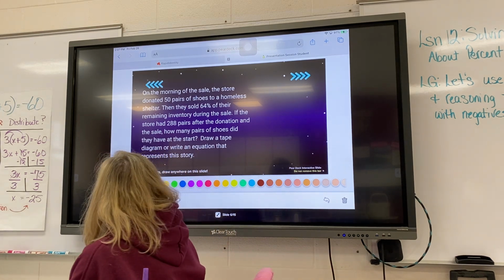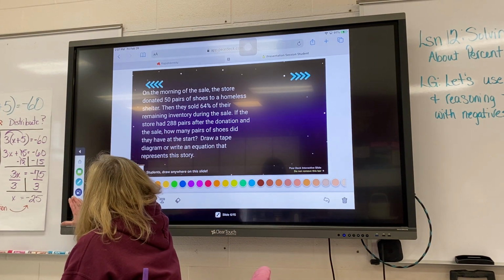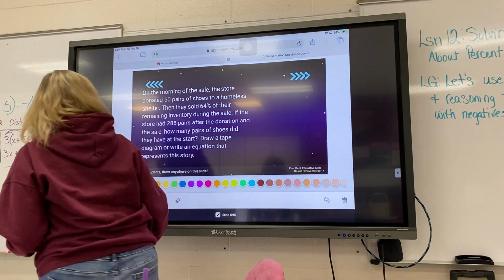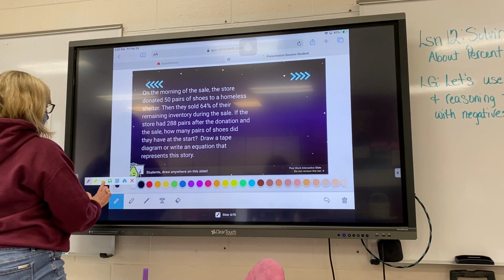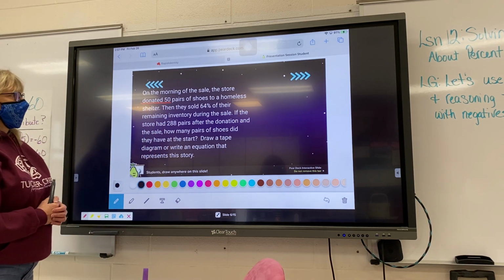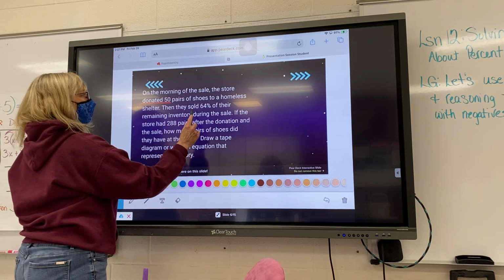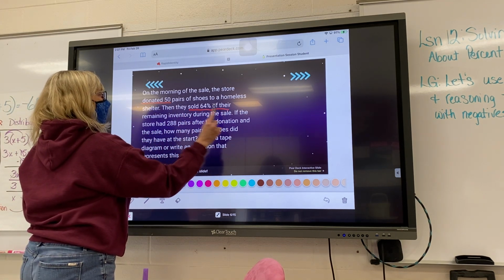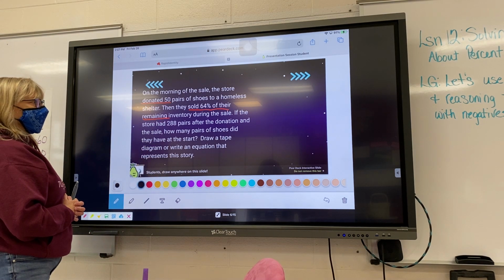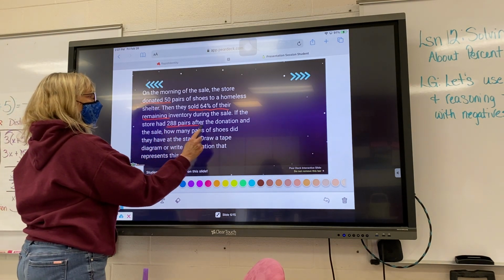All right, what can you count or measure in this? 50 pairs of shoes. What about the 50 pairs of shoes? They were donated. Okay. What else can we count or measure? They sold 64% of the remaining inventory. They had 288 pairs after the donation and sale.